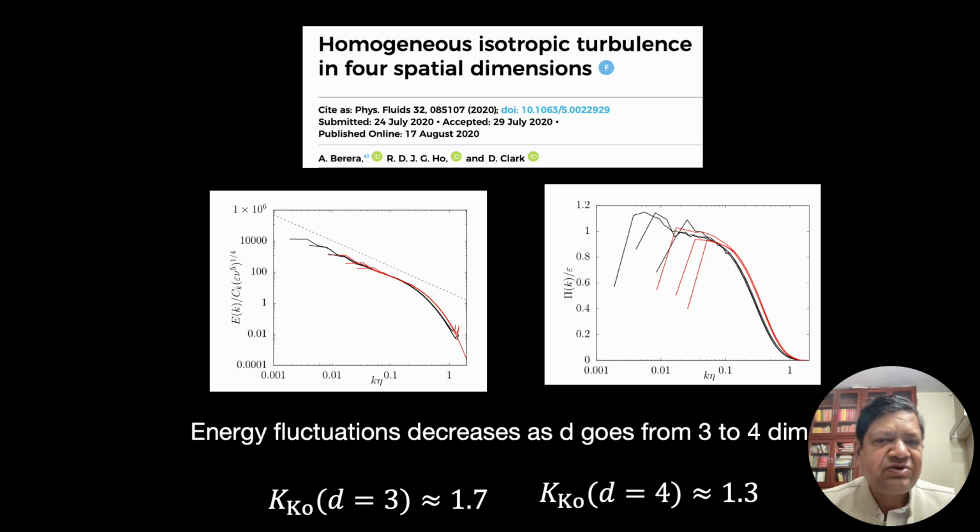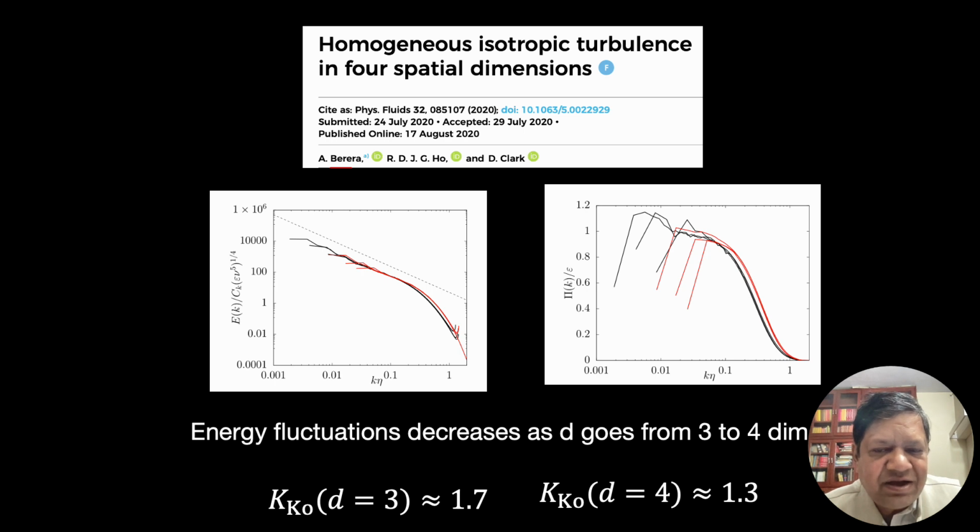There are also some simulations. For example, recently there is a simulation by Berera et al. They did it for d equal to 4 dimensions. This picture shows the spectrum for 3 and 4. I believe red is 4 and black is 3.